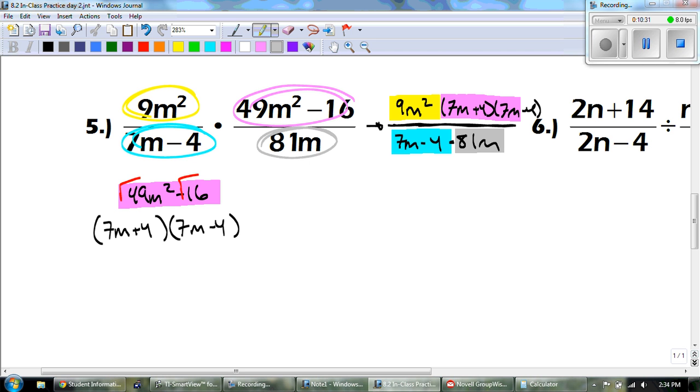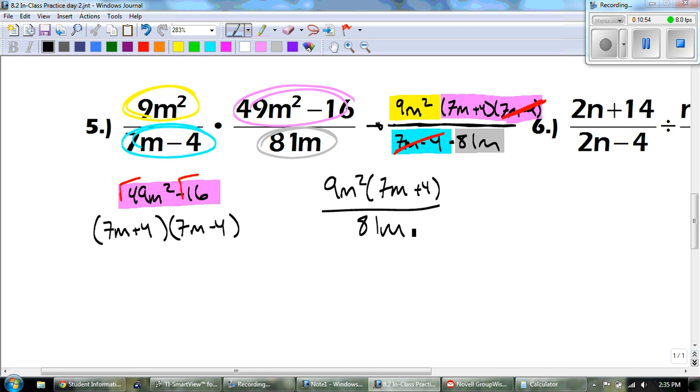Okay, now, is there anything that we can cross out? Yeah, the 7m minus 4 and the 7m minus 4. Okay, so if you want to rewrite it, you can. 9m squared, parentheses 7m plus 4. And then on the bottom, we have the 81m.